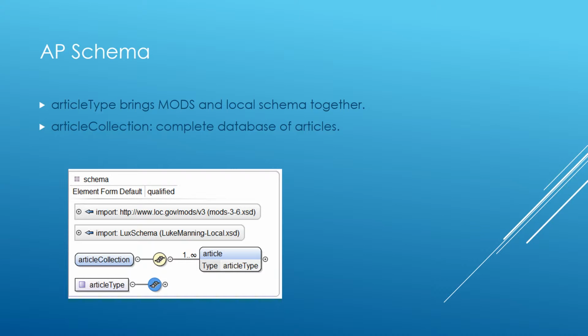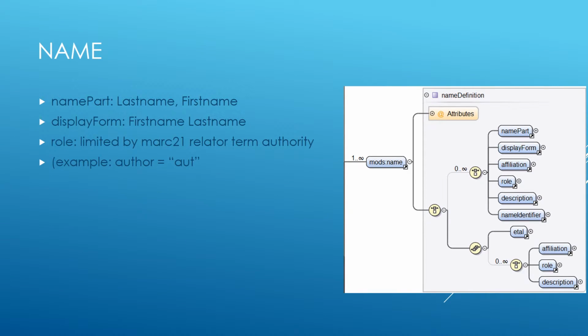So it's representative of a database in its entirety of the articles that my metadata is describing. And I forgot to mention the article is what combines MODS with the other schema.